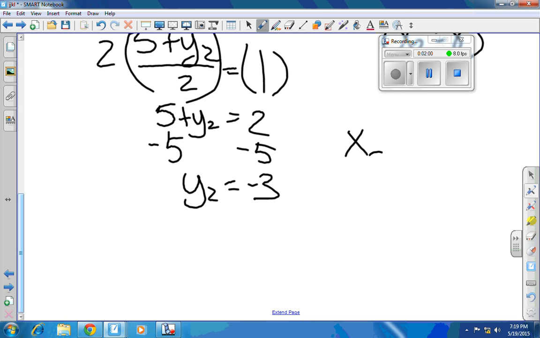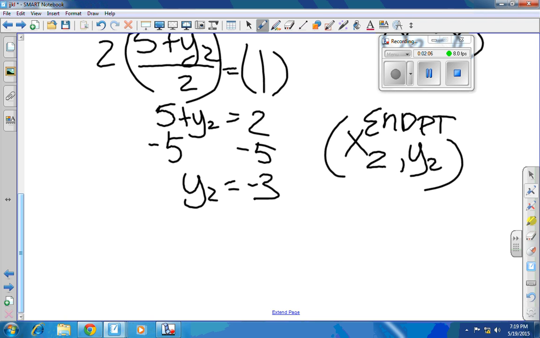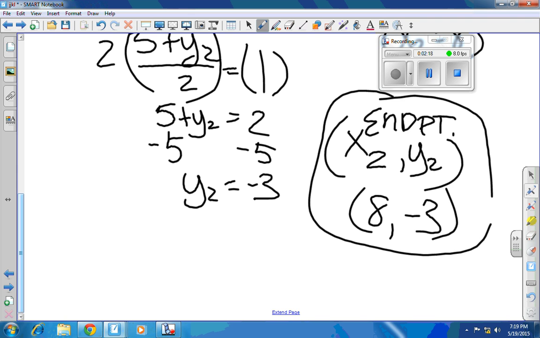So now I have x2, I have y2. My other endpoint is (8, negative 3). Let me make sure that x value was an 8. Yep, so I have (8, negative 3). That is my other endpoint. So I solved to find my other endpoint.